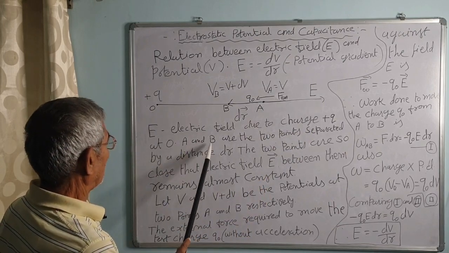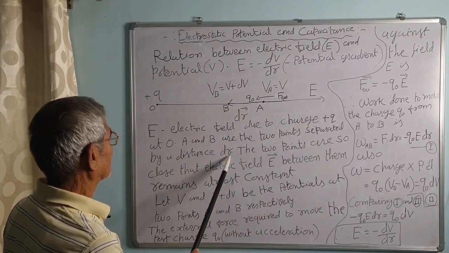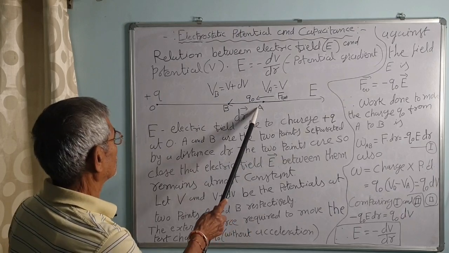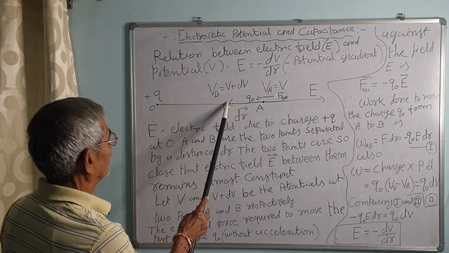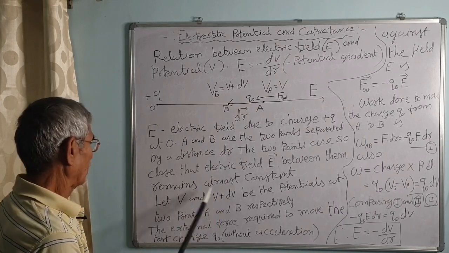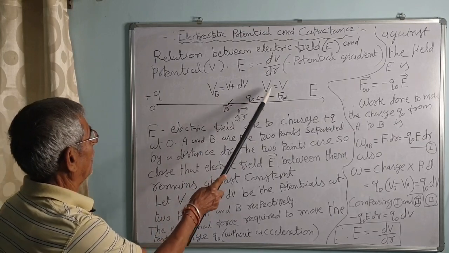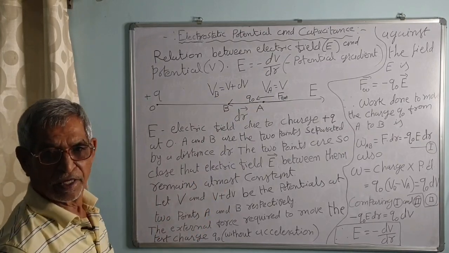A and B are 2 points separated by distance dr, so close that the electric field E remains almost constant. Let V and V plus delta V be the potentials at points A and B.